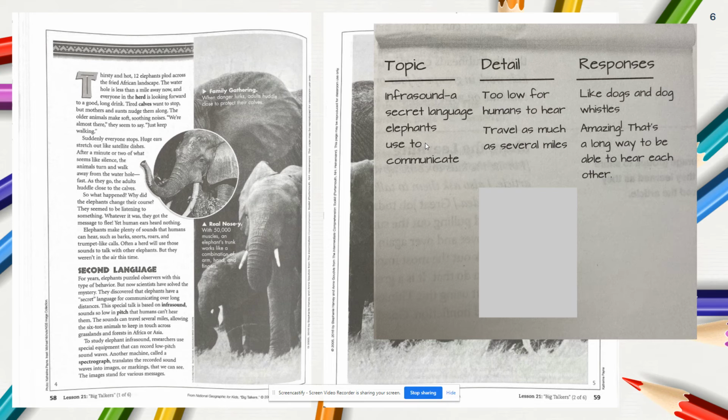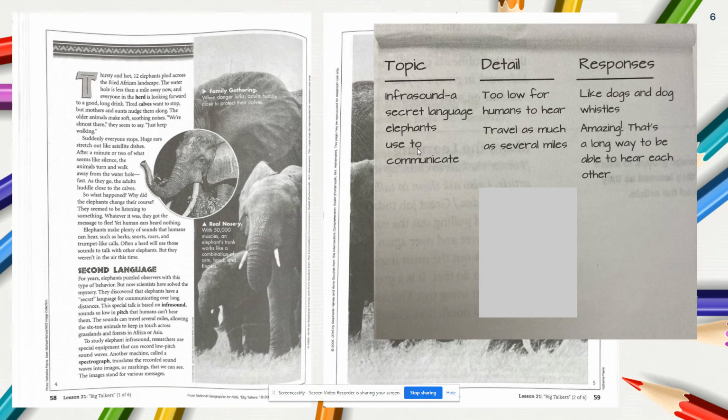I'll read on and see if I can find some additional details that relate to the topic infrasound. The sounds can travel several miles, allowing the 6-ton animals to keep in touch across grasslands and forests in Africa or Asia.